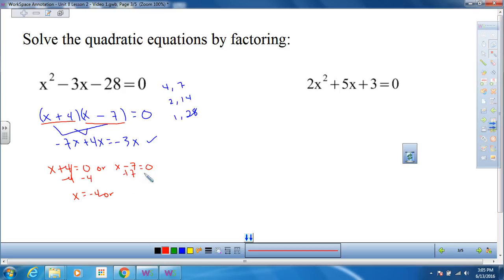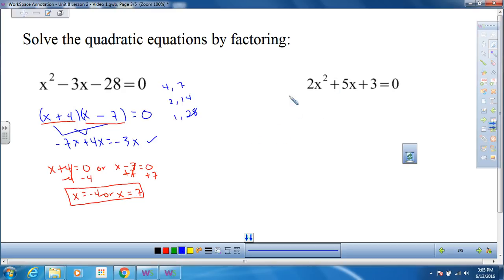Here I need to add 7. So x equals negative 4, or x equals positive 7. And those are my solutions. Those are my answers.